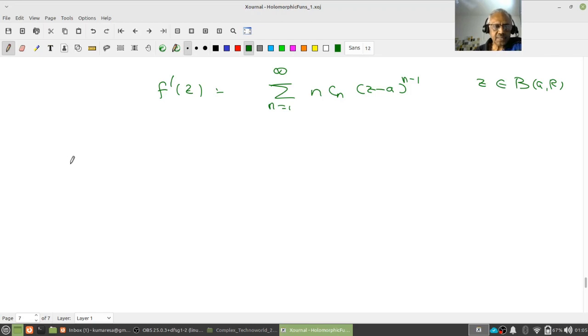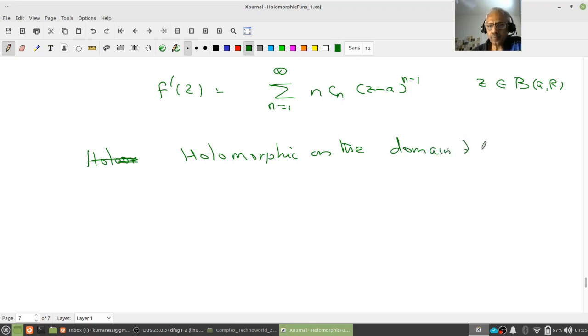Okay. So notice that whatever we have done so far, all the functions are holomorphic on the domain of definition.